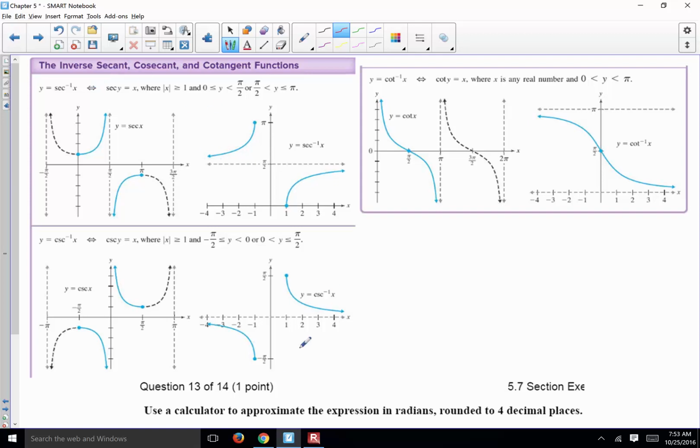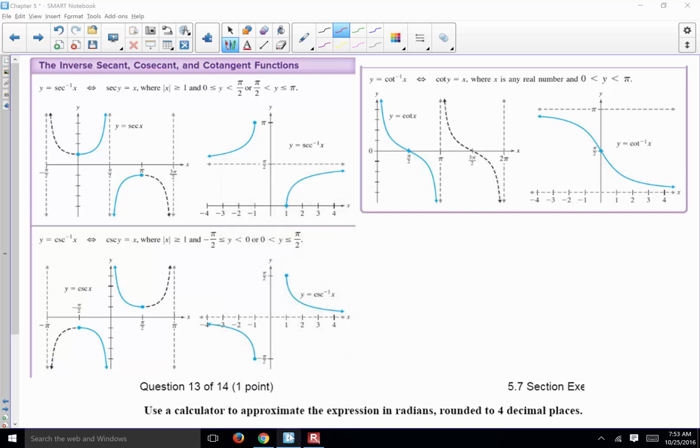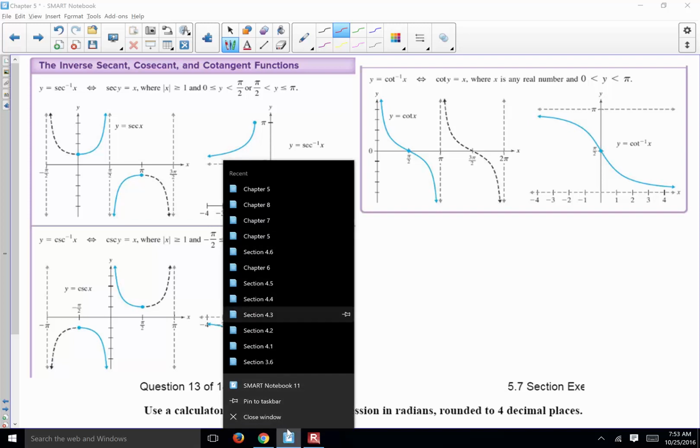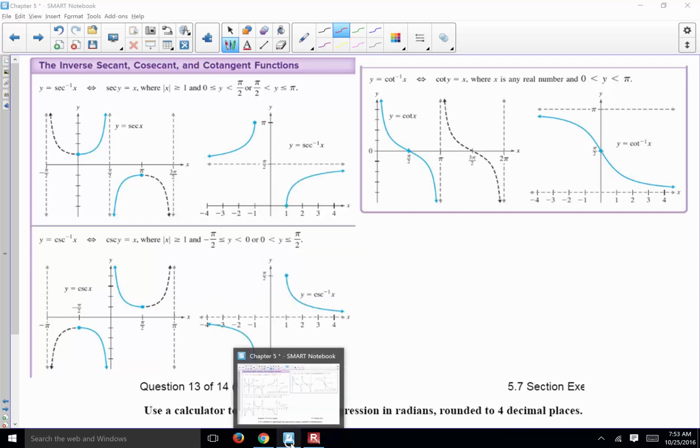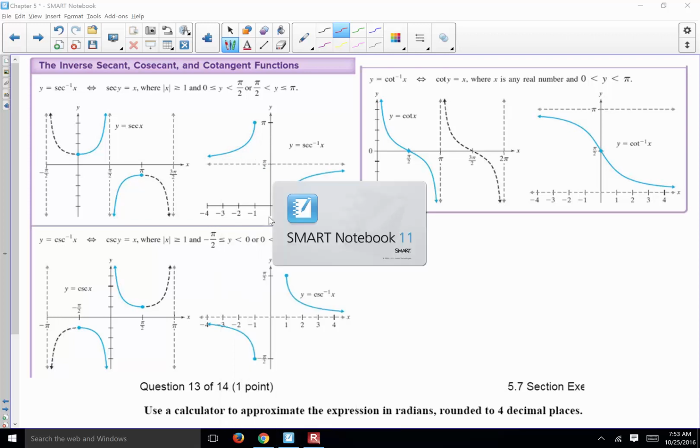Remember yesterday, so let me run this again. Arc cosine was limited to a range of what values? Arc cosine was minus pi over 2 to pi over 2. No, that was arc sine. Arc cosine was 0 to pi, right?